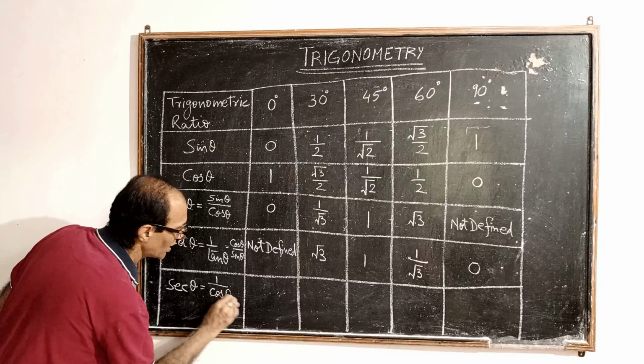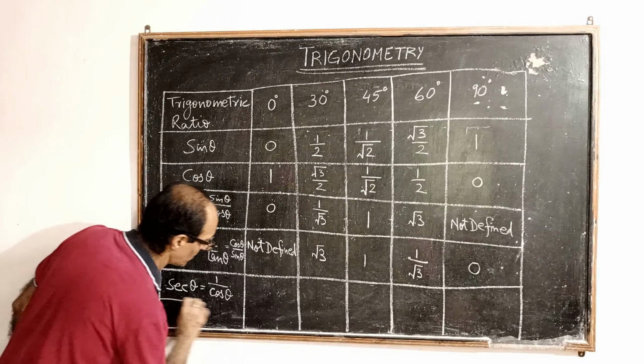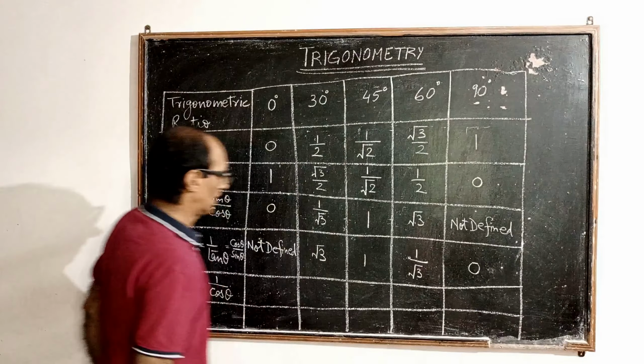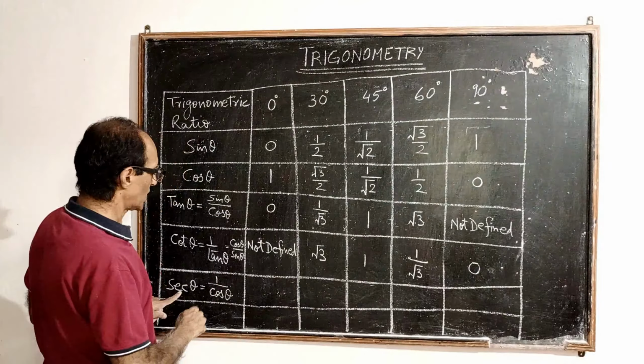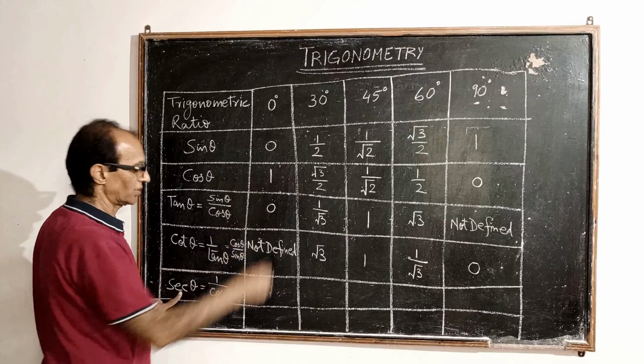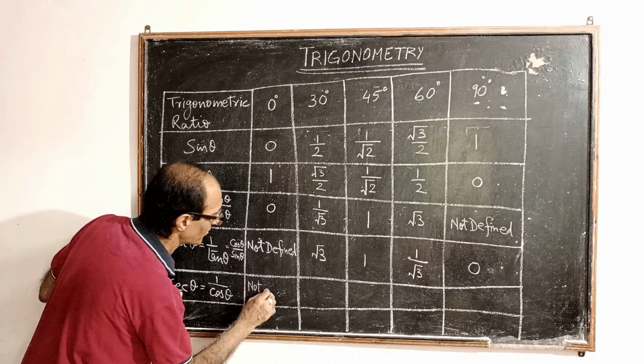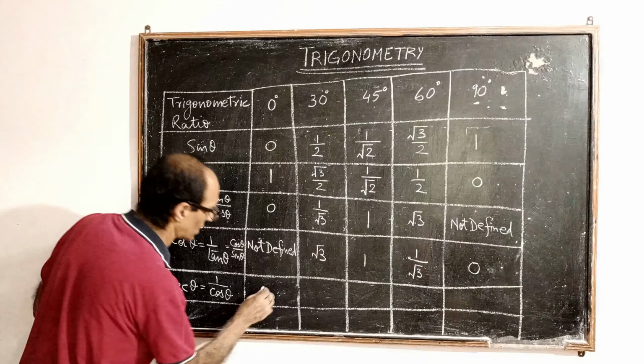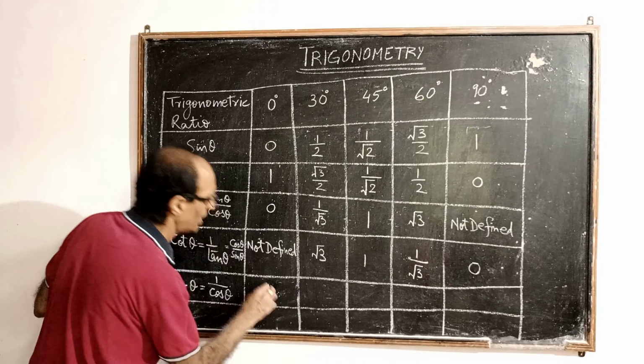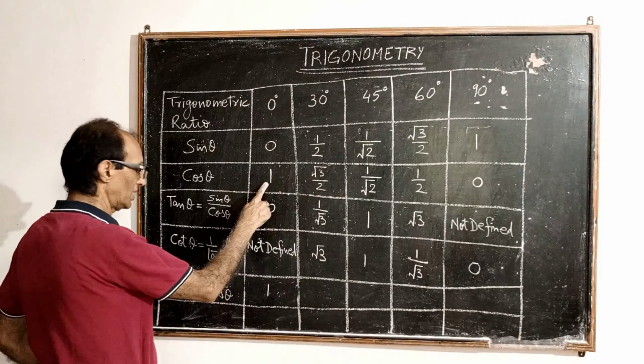This is how we can remember and write the values. Secant theta is 1 upon cos theta. Secant 0, 1 divided by 0. 1 divided by 0, that is not defined. Secant theta is 1 upon cos theta, that is 1 divided by 1. Secant 30 degrees is 1 divided by under root 3 upon 2.